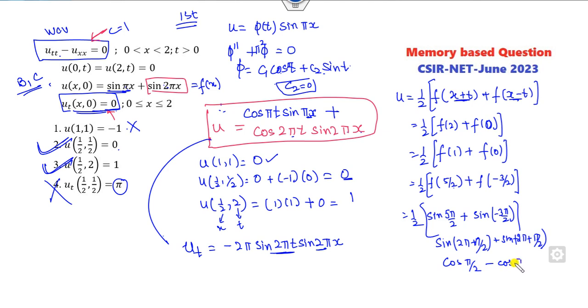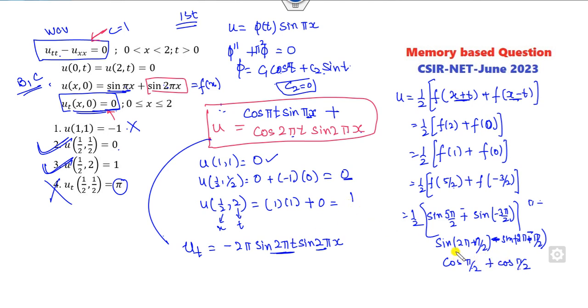I can write the minus 3 by 2 and take the minus outside, so it is minus plus pi by 2. Cos pi by 2 is 0, 0 plus 0 is 0, but here it is 1.